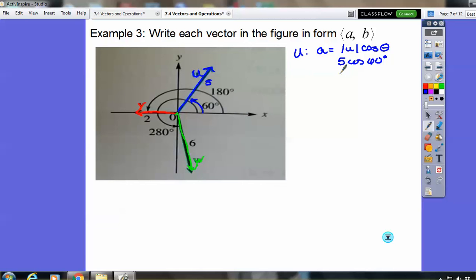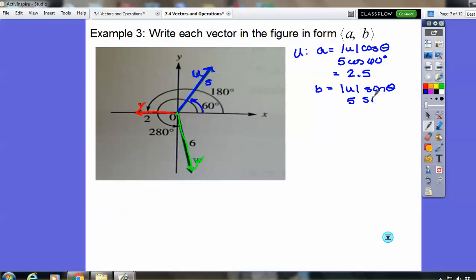So if I do that, cosine of 60 is 1/2 times 5, 2.5 or 5/2. Okay, let's find our vertical component. So the magnitude times sine theta. I put cosine instead of sine.